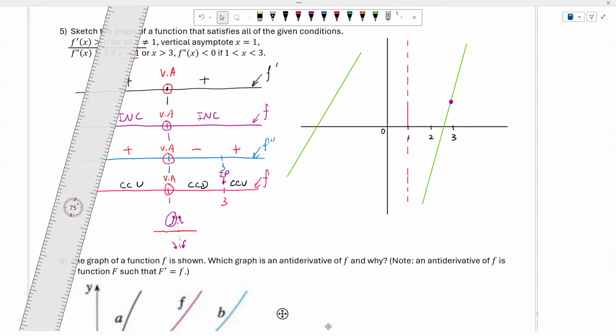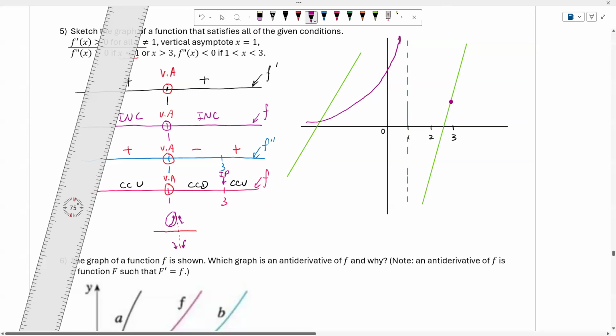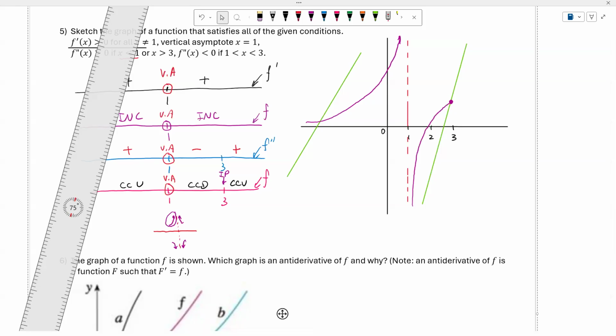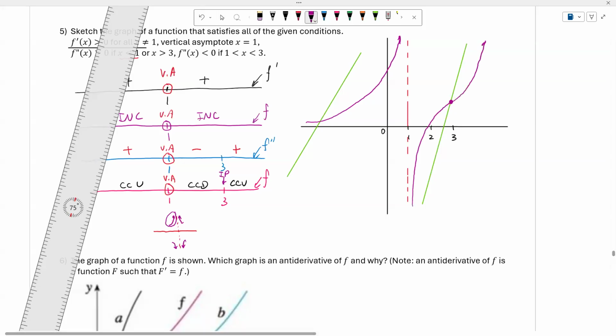So we could do it this way. Between 1 and 3 it is concave down, but the function is increasing. So we have concave down, and then concave up. So probably this is a possible function f.